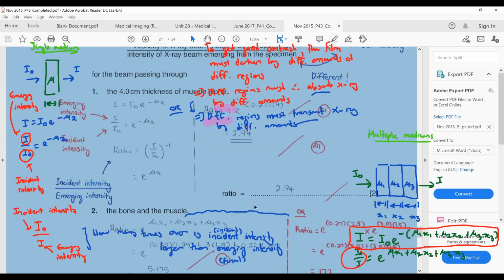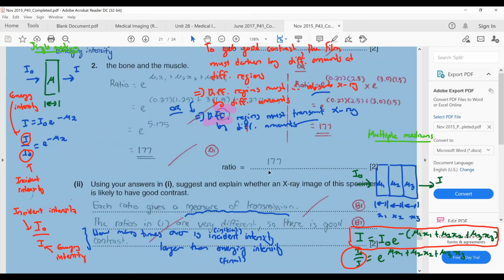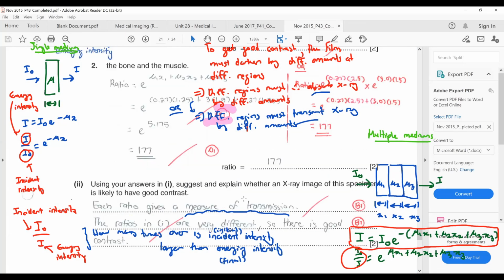You see this one is 2.94, you see this one is 1.77. The ratio is very different. It will tell you that there's very different transmission or very different absorption. If you're wondering whether you could just say that each ratio gives you a measure of the absorption, you could also say that if you wanted to, because they mean the same thing.